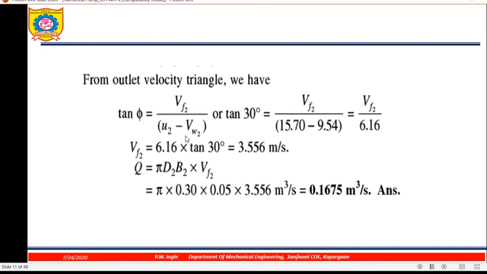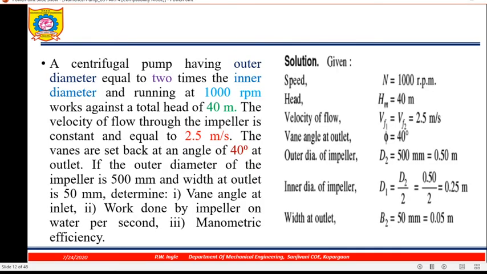So first we have to calculate U2, then Vw2 by using manometric efficiency, then you can calculate Vf2. Now you can calculate Q, pi D2 B2 into Vf2, so you will get 0.1675 meter cube per second.